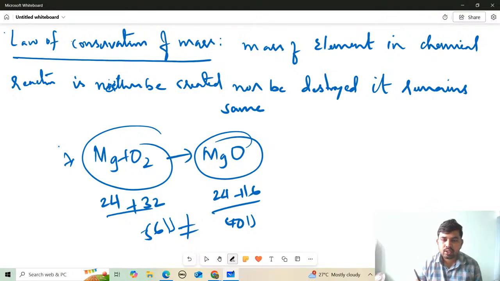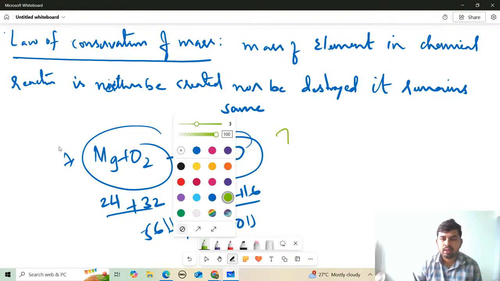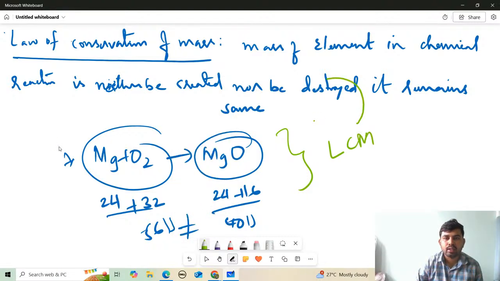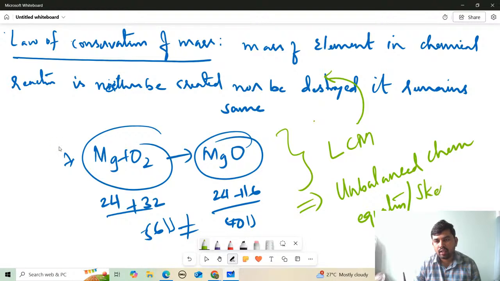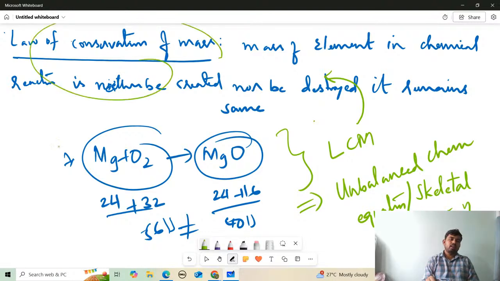That's why it is not obeying the LCM, the law of conservation of mass. This kind of equation is called an unbalanced chemical equation. Another name for it is skeletal chemical equation, remember.